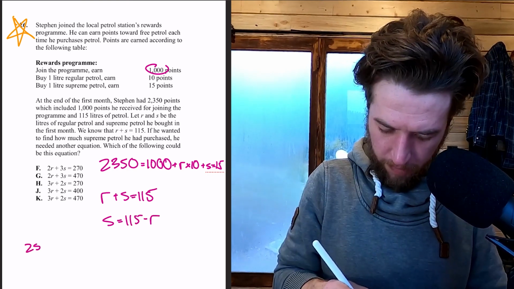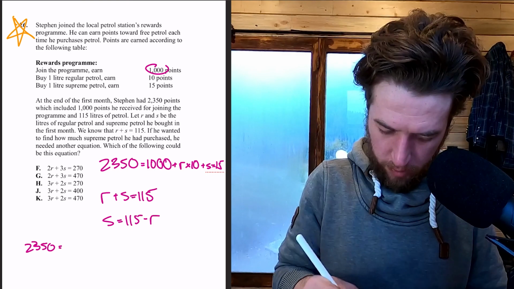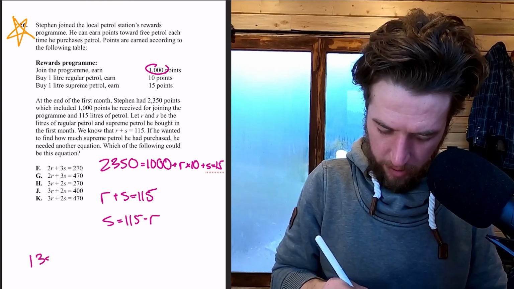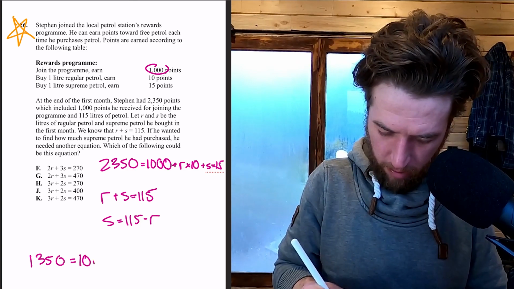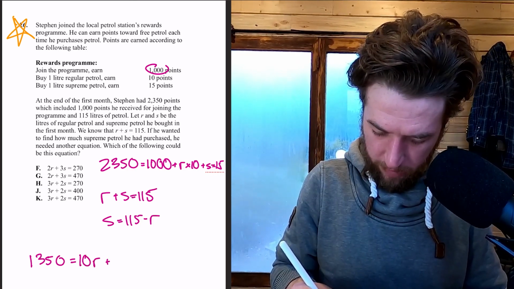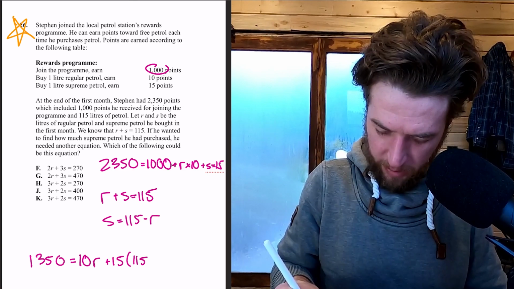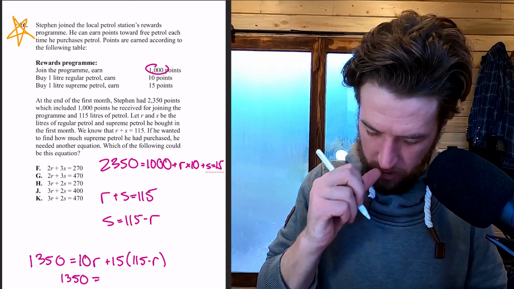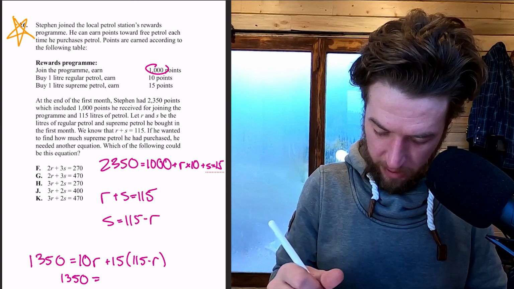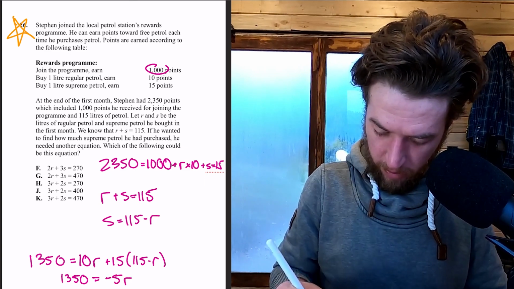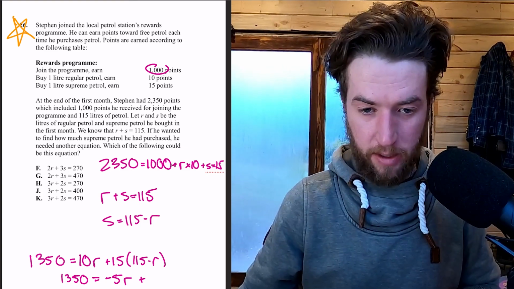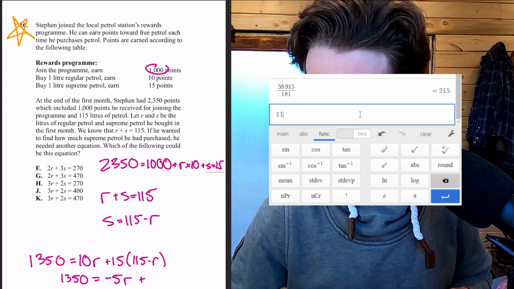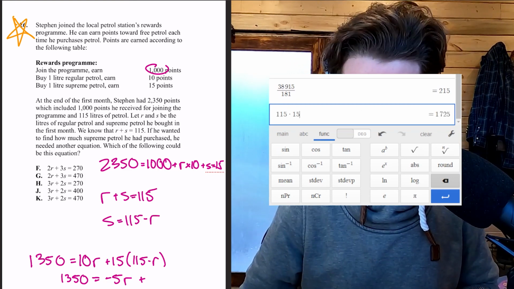Therefore, 2,350 equals 1. How about 1,350? We'll just get rid of that 1,000. So 1,350 equals 10R plus 15 times S, which is 115 minus R. So then 1350 equals, oh gosh, 10R minus 15R, which is negative 5R plus 115 times 15. Good thing I didn't do this problem the first time through. 115 times 15, 1725.